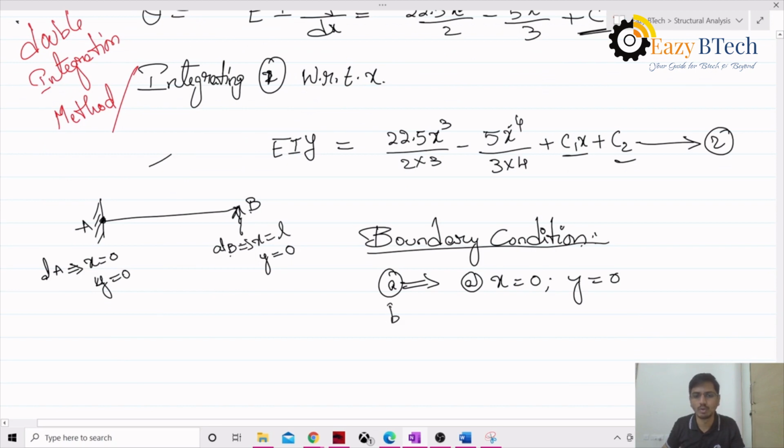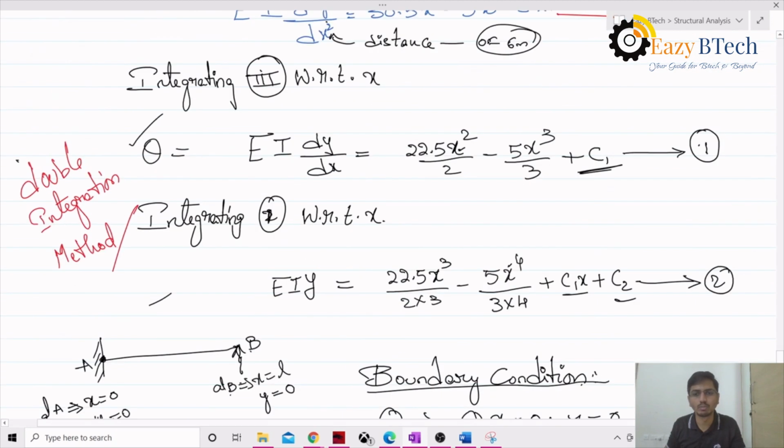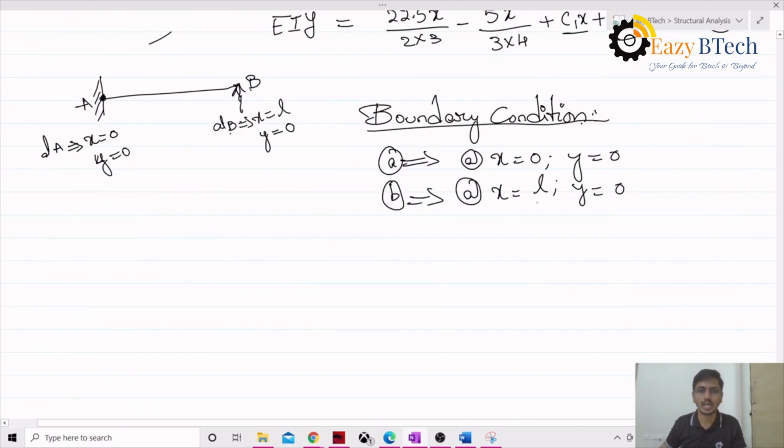And at B, x equal to L, y equal to 0. Why do we need these boundary conditions? If we substitute them, we can get the constants C1 and C2. Substituting this value in equation 2.